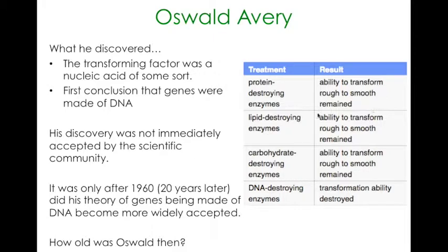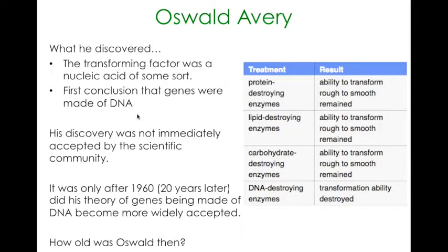If he treated it with lipid-destroying enzymes, it was still deadly. Same with the carbohydrates. But if he treated it with DNA-destroying enzymes, the transformation ability of those rough bacteria disappeared, and they couldn't kill the mice anymore. So this was the first conclusion that genes were actually made up of DNA. That was the nucleic acid aspect of DNA.